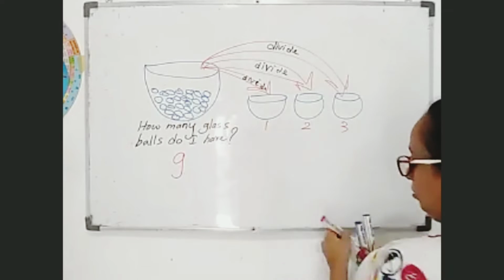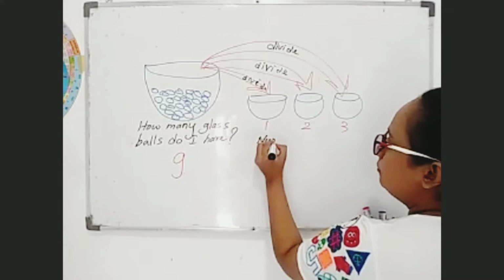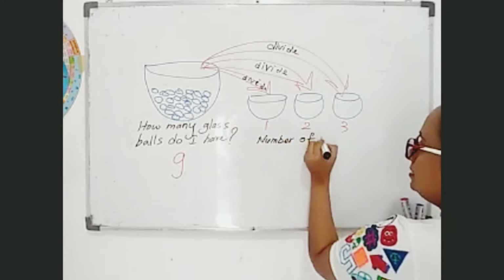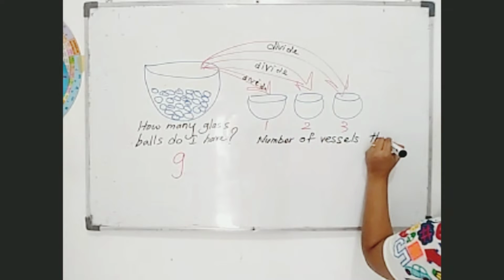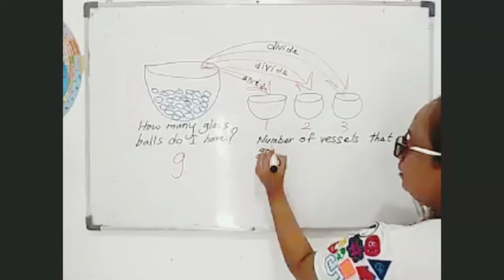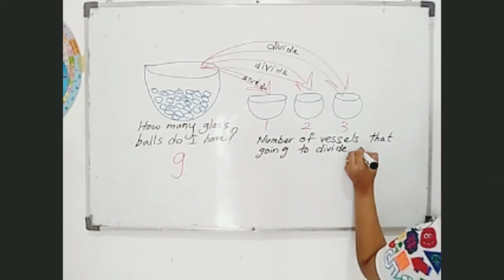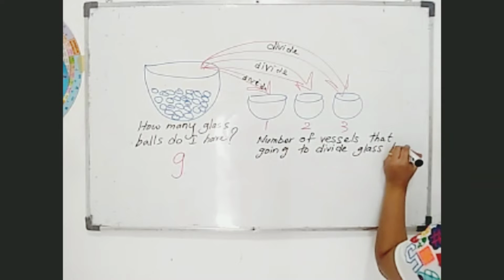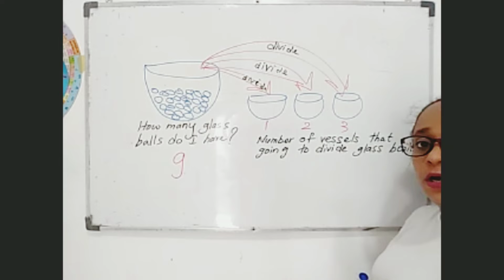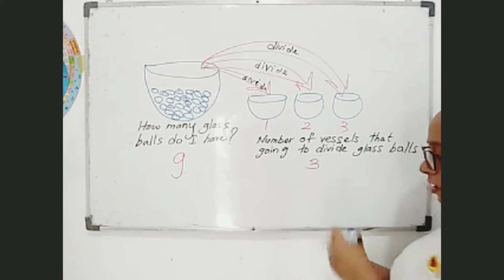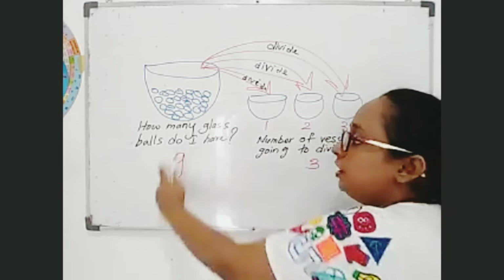The number of vessels that I'm going to divide the glass balls into is 3. The G number of glass balls.